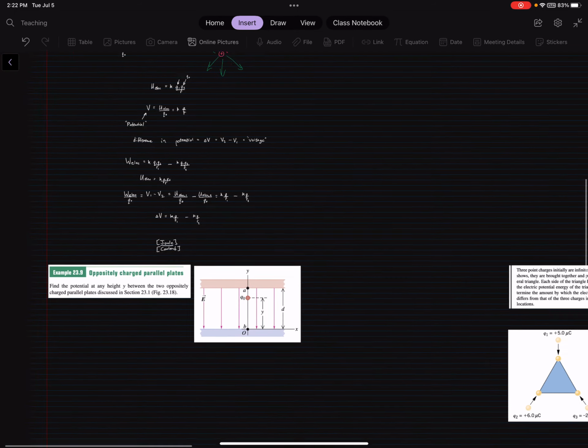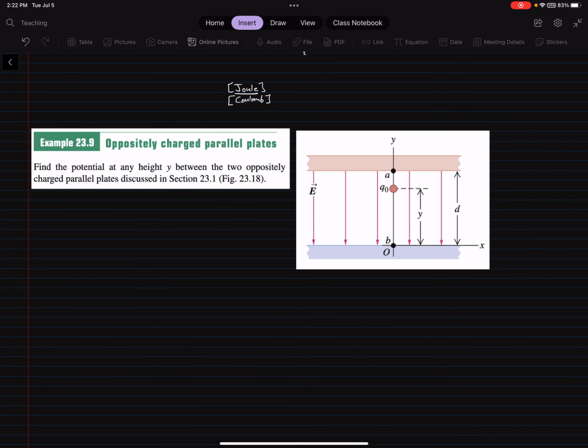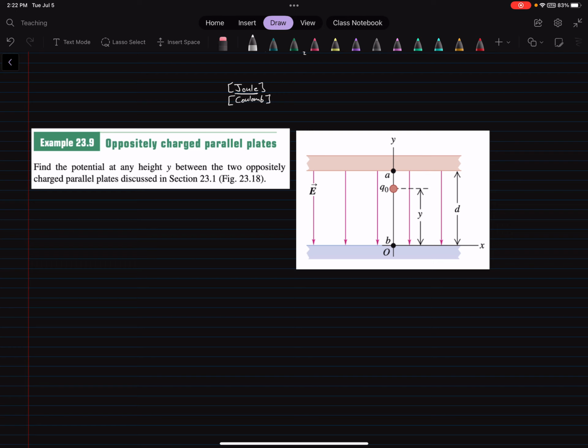So, oppositely charged parallel plates. We were just looking at this. The top one's positive, the bottom one's negative, with the electric field pointing straight down. We have some displacement along the y-axis, and it asks us to find the potential at any height y between the two oppositely charged parallel plates.